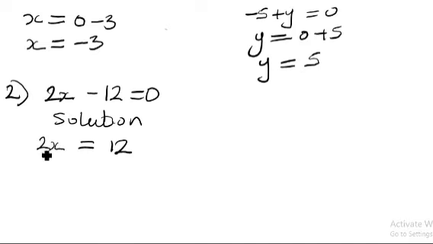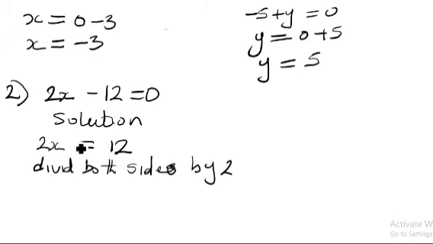So I need to make the coefficient of this variable, which is x, to be 1. In doing so, I have to divide by 2. So let's divide both sides by 2. So I'll have 2x over 2 equal to 12 over 2.